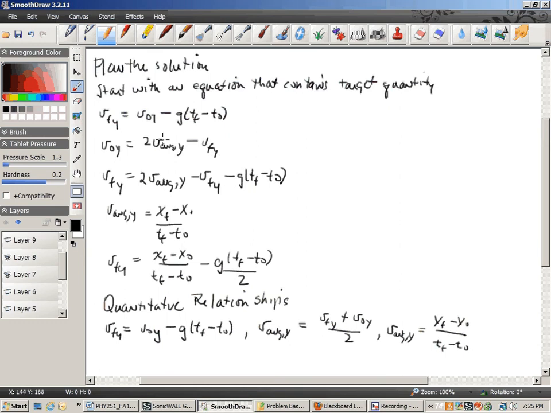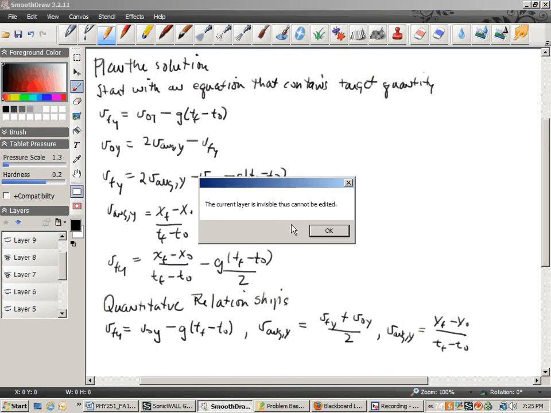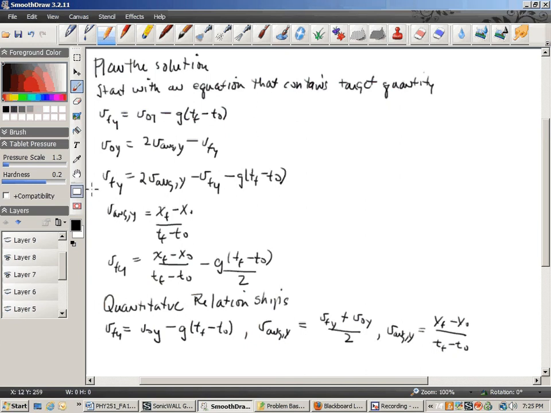Now I want to take this value and substitute it here for v0y. And I get this equation, that the velocity of the diver as he enters the water is equal to 2 times the average velocity minus the velocity of the diver as he enters the water, minus acceleration of gravity times the change in time.